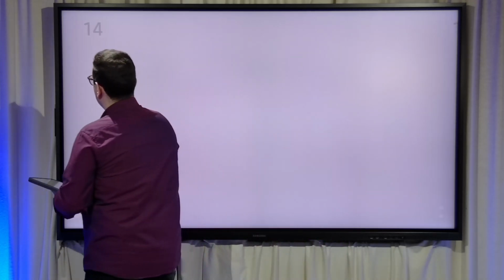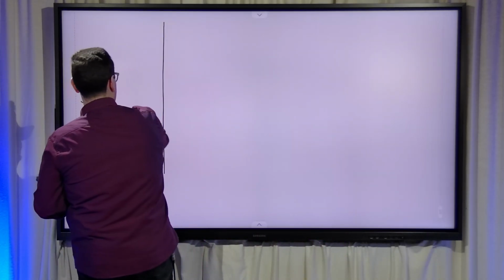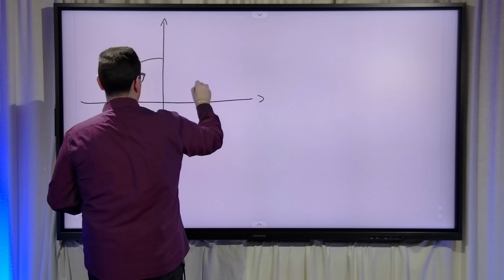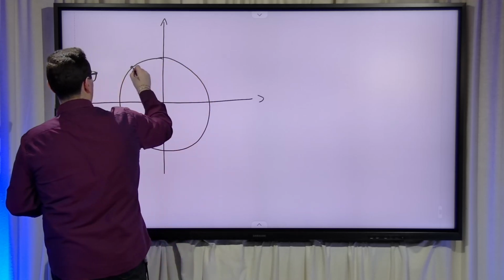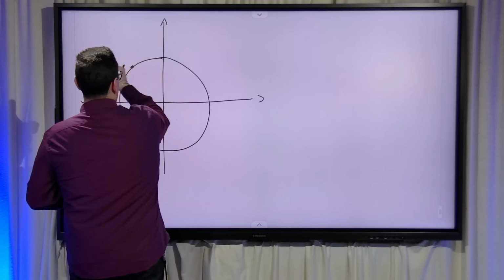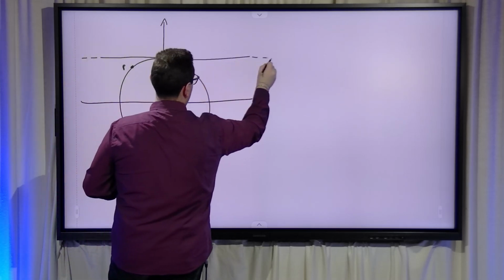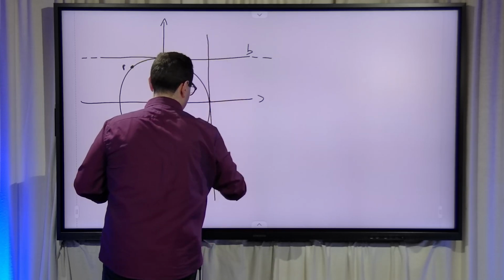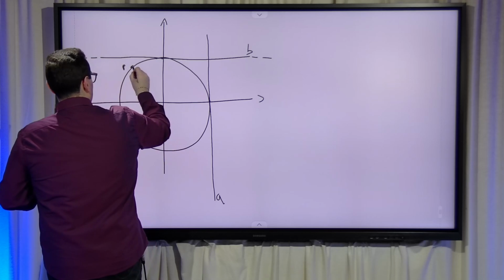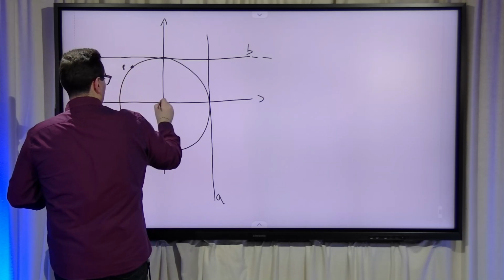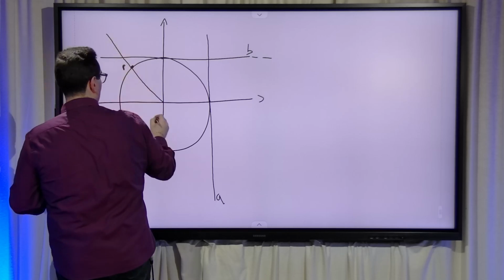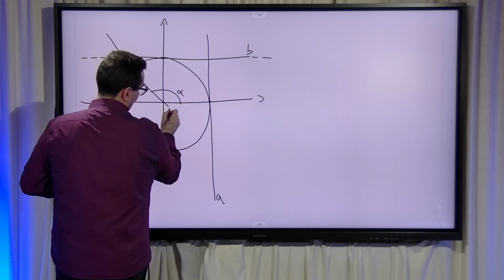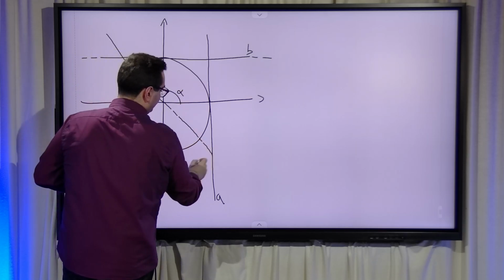I want you to notice that. Let's draw it cleaner. Again, the unit circle. If I consider this point P, I draw again the line, this is B, and this is the line A. This is the point P. The tangent of this angle alpha is the extension of the line in the opposite way.